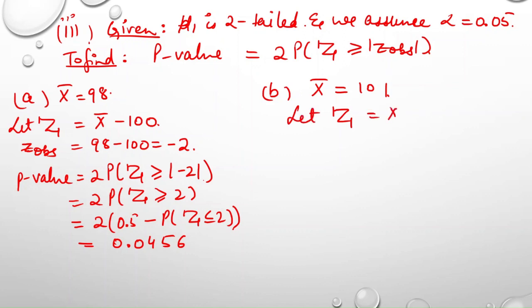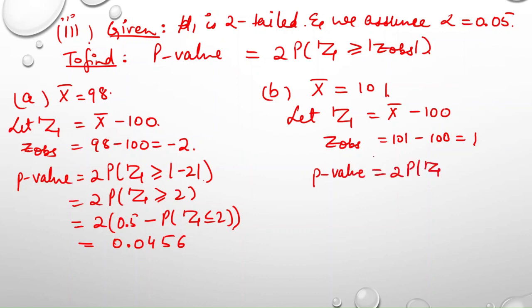Whereas in the B part, where x bar is given to us as 101, Z is again x bar minus 100. So Z observed would be 101 minus 100, that's 1. So the p value in this case would be twice of Z greater than or equal to mod of 1, that's nothing but Z greater than or equal to 1.